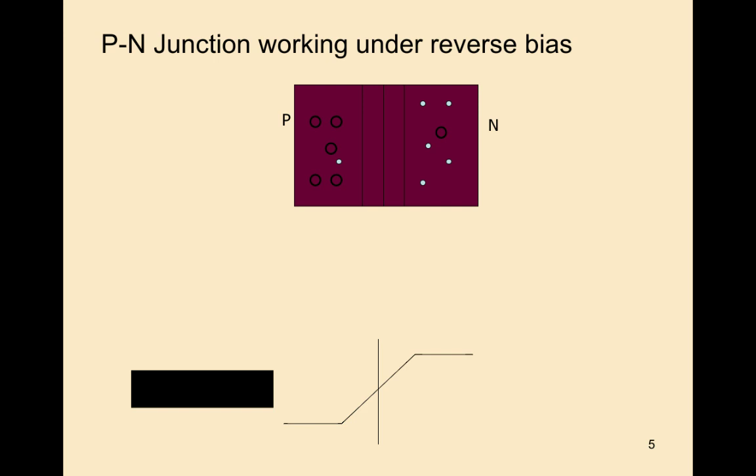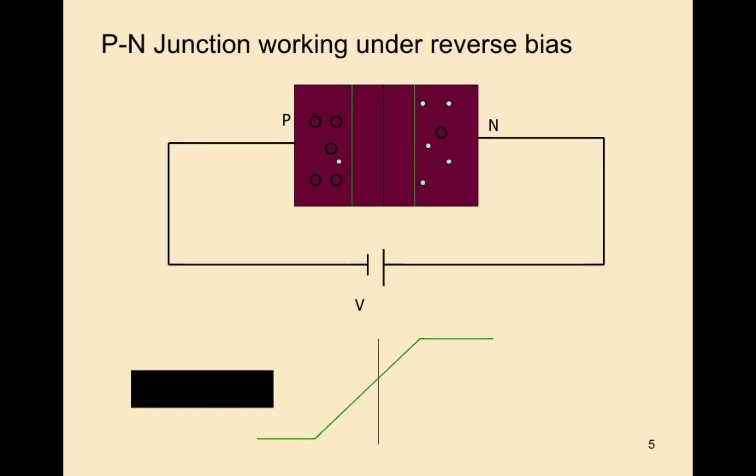In p-type the majority carriers are holes and the minority are electrons; in n-type the majority are electrons and the minority are holes. We connect this diode in reverse bias mode like this: the negative of the battery to the p side, and the positive of the battery to the n side. Let us see what will happen.